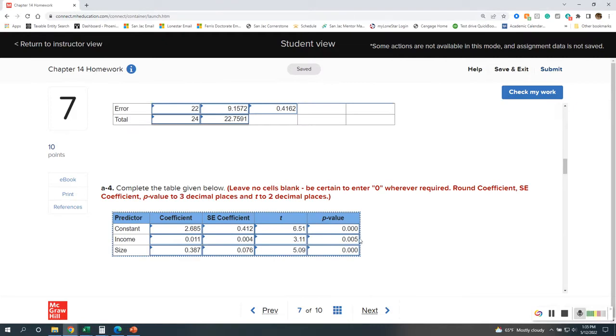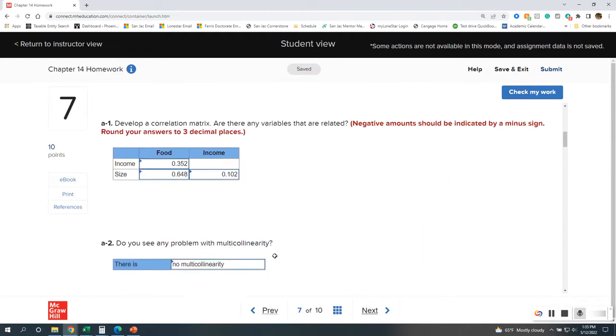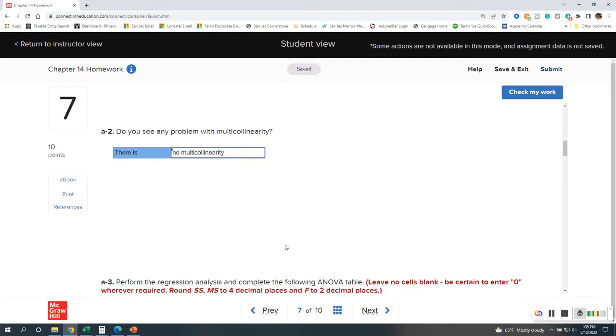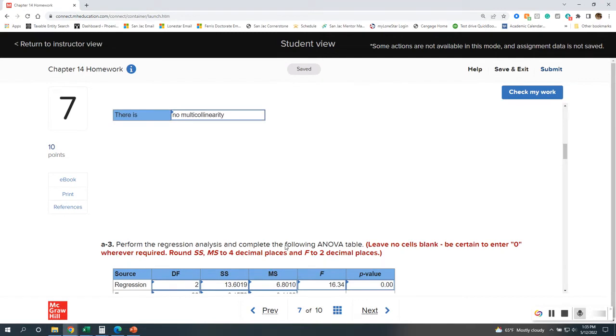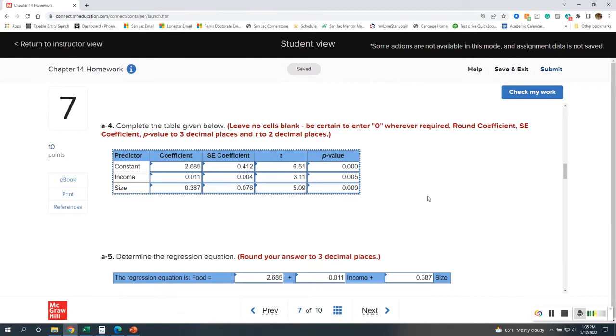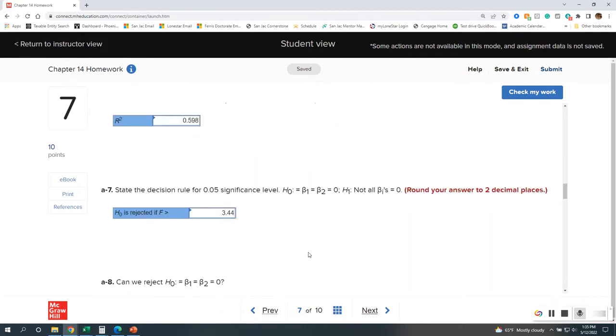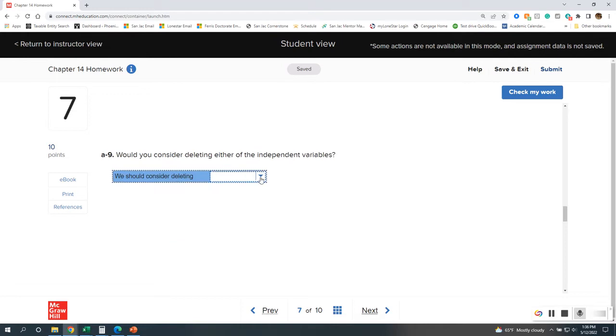Especially when it comes to p-value, it's more significant to remove. It's not really part of these two. As you can definitely see, there's a very low correlation between income and size. So we're going to go ahead and remove the income. It just doesn't favor us at all. So we're going to consider removing income.